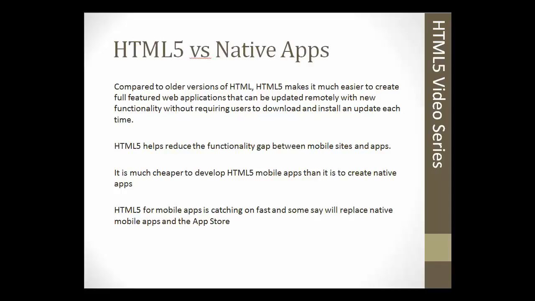And another reason is that the cost of the actual software to develop native apps is extremely expensive, whereas with HTML5 you could just use open source IDEs, and it's just much cheaper from a software point of view.